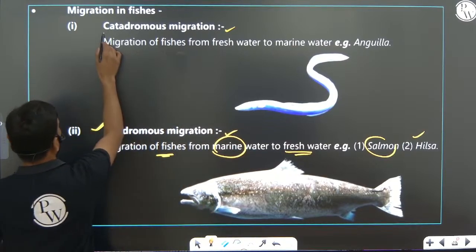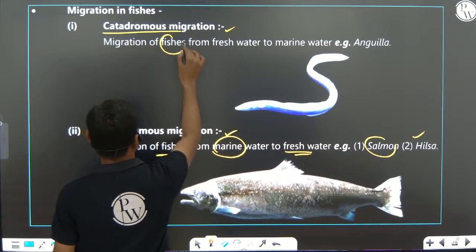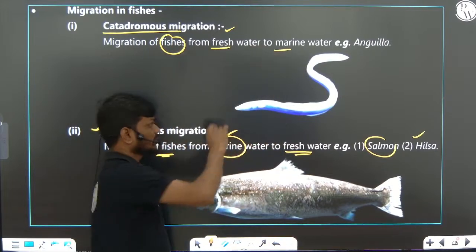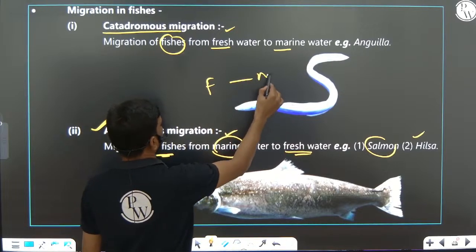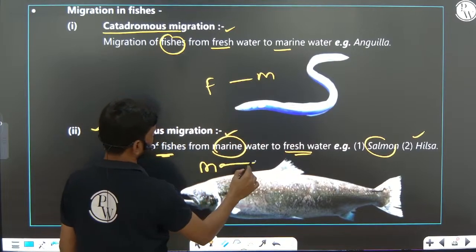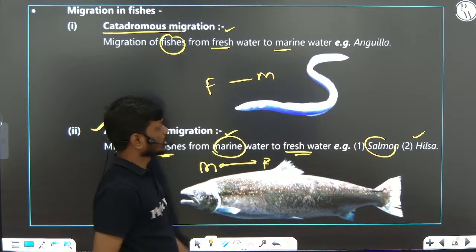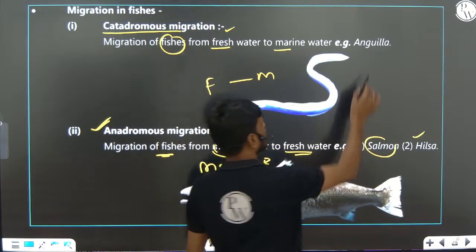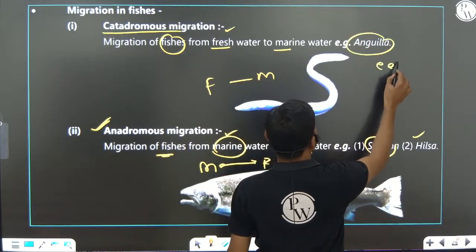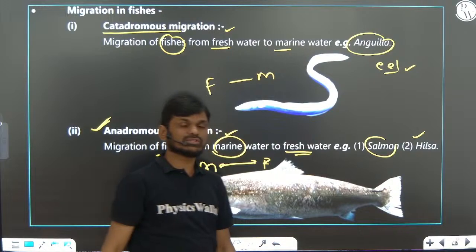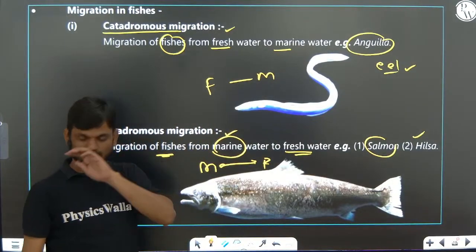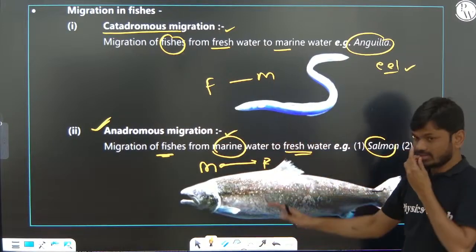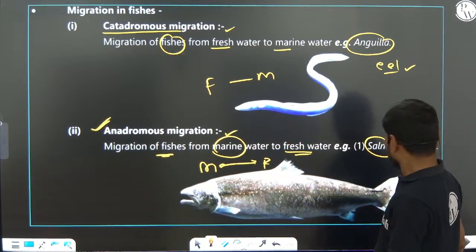But catadromous migration is the migration of fishes from fresh water to marine water. Reverse. Fresh water to marine water, whereas here it is marine water to fresh water. Example: Anguilla, the eel fish, shows this kind of migration. Very important. It is not mentioned in NCERT in this way, but there is a chance.